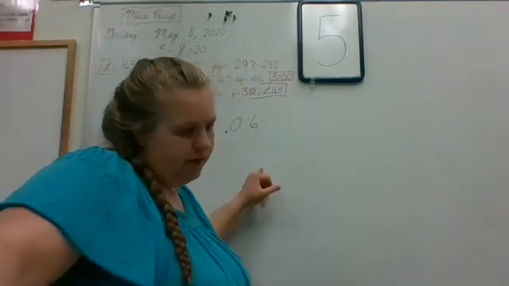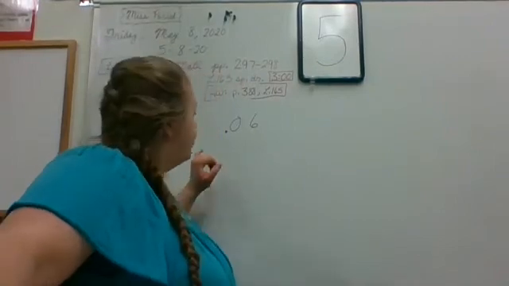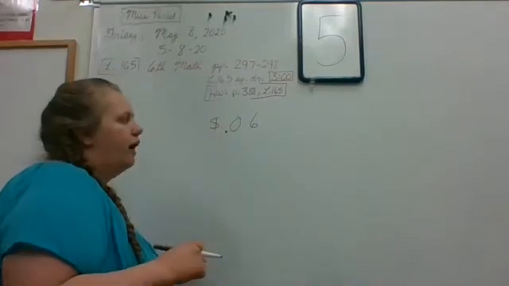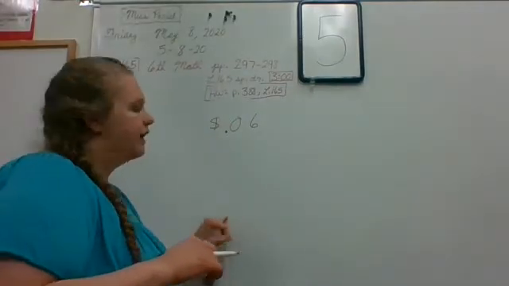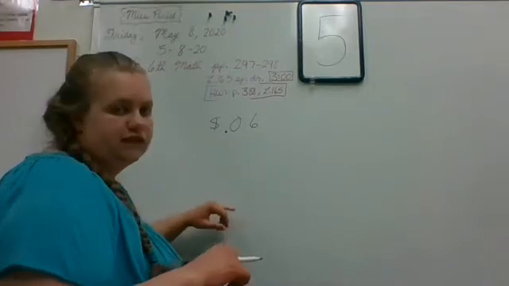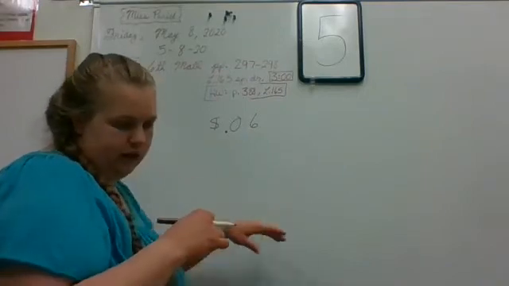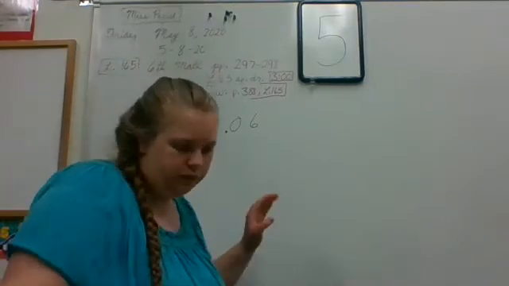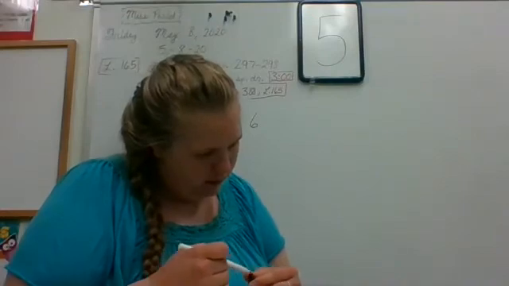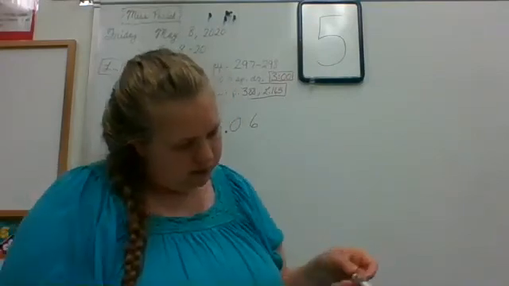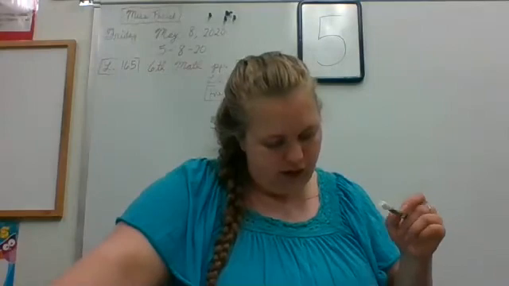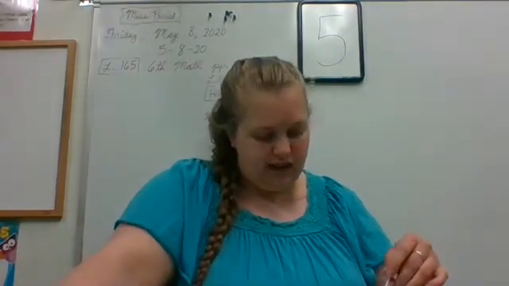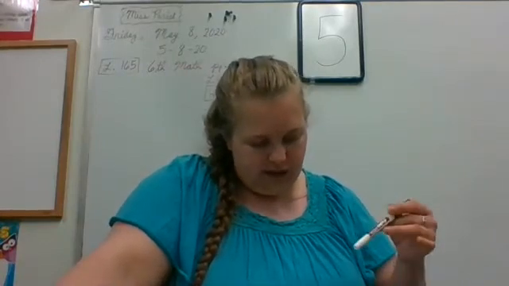Don't forget to drop the cent sign, and you could add the dollar sign. Until you get the answer at the bottom, you want to make sure that it's on the answer, or that you put a cent sign on your answer. Just do that. Move the decimal to the left 2 places. That means we will have to annex a 0 before the 6. So we're adding that 0 before the 6. Add the dollar sign, drop the cent sign.